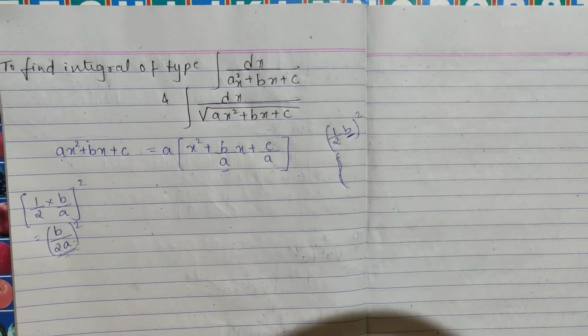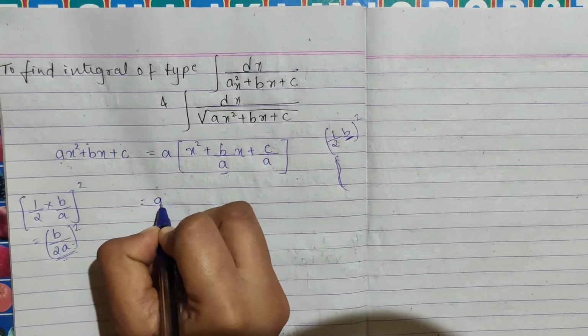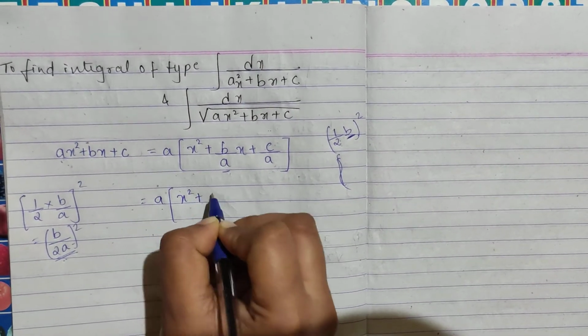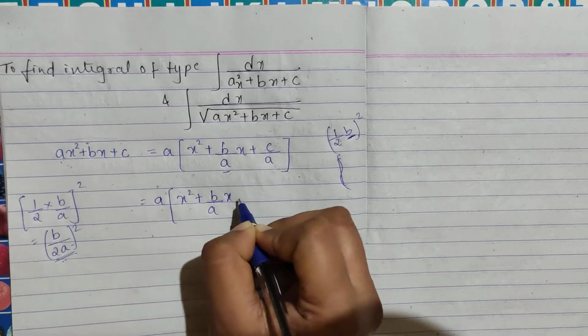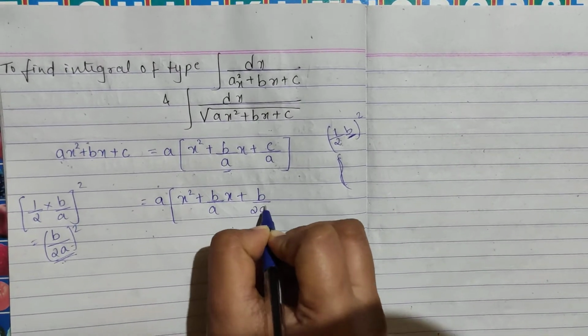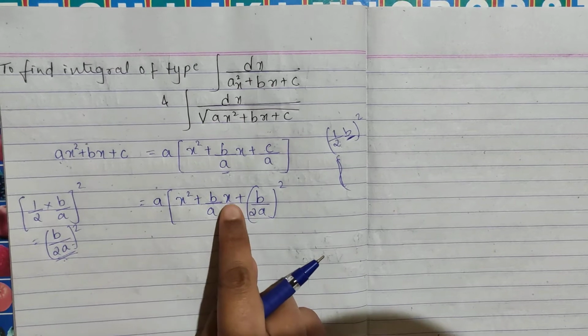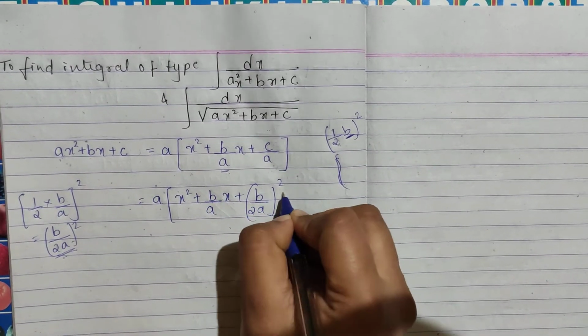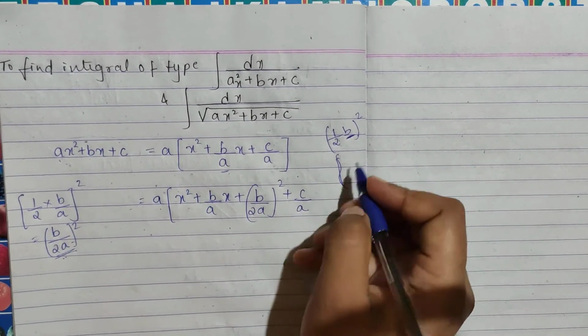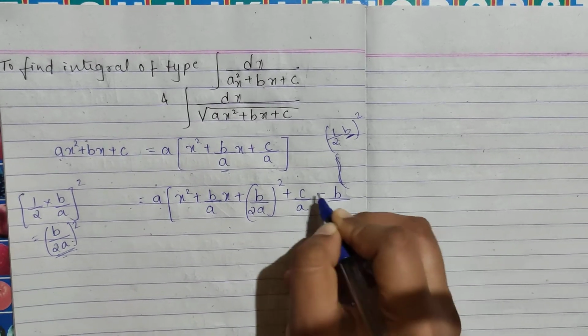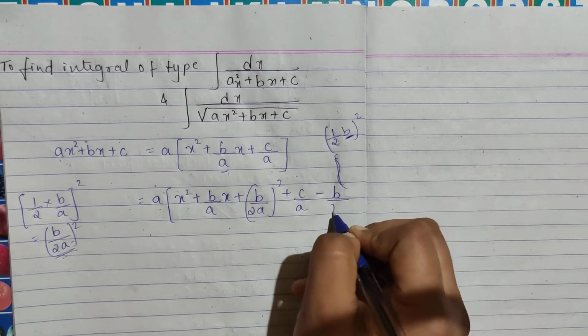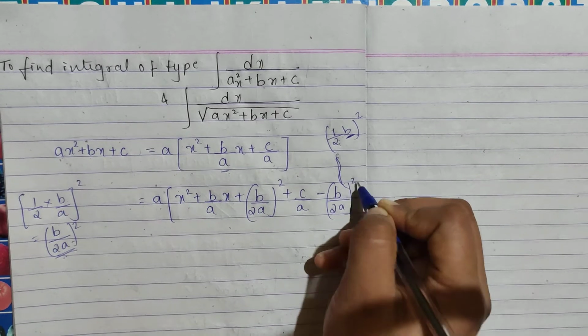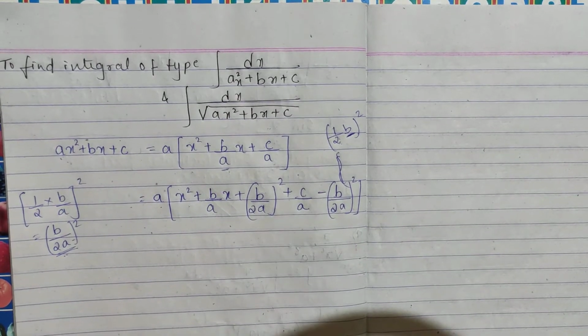So you write x square plus b by a x plus b by 2a whole square, adding after your x coefficient, plus c by a, and subtracting after your constant the b by 2a whole square. I hope this is clear.